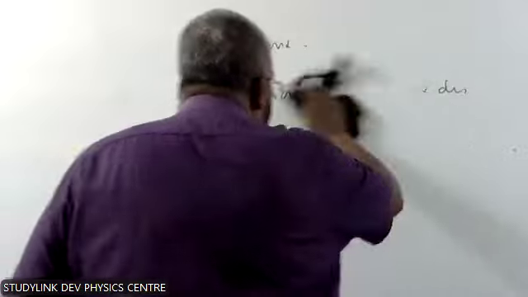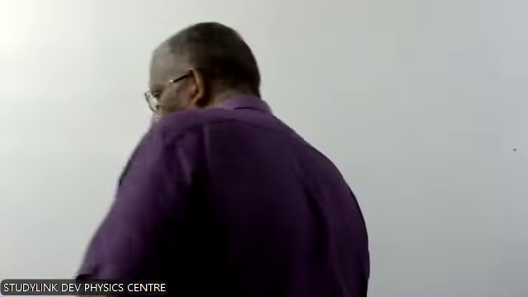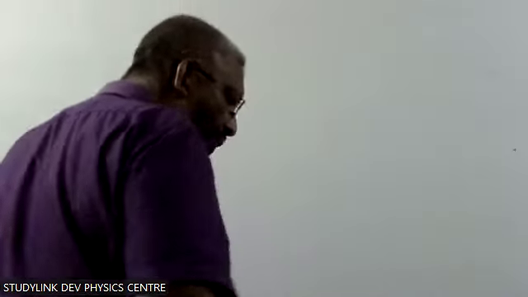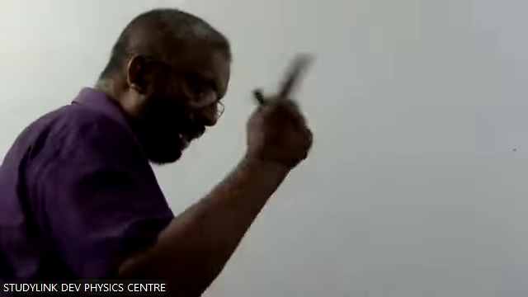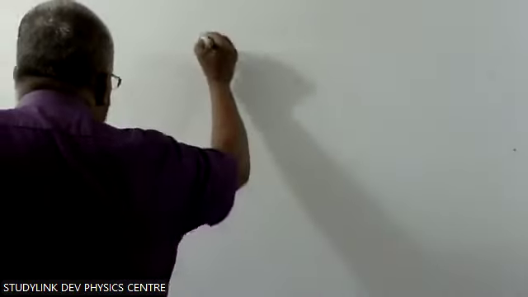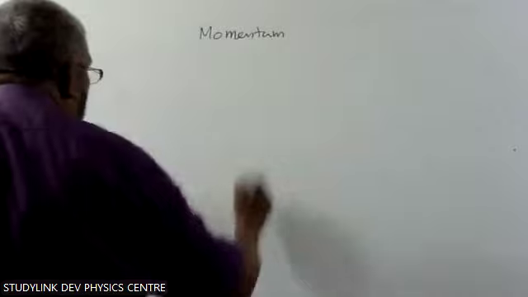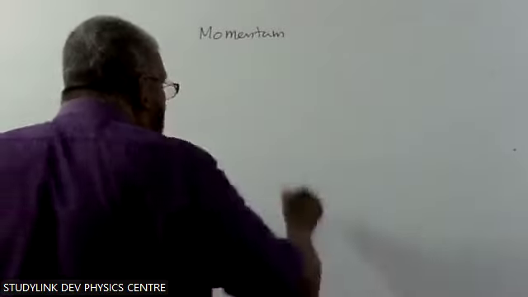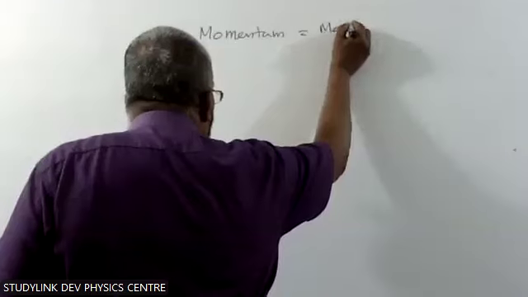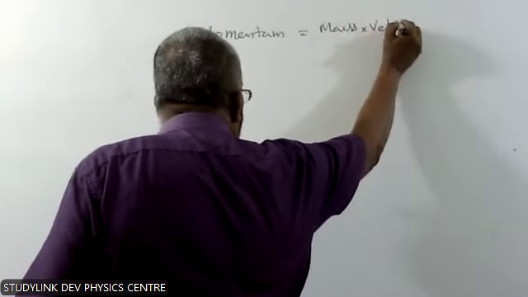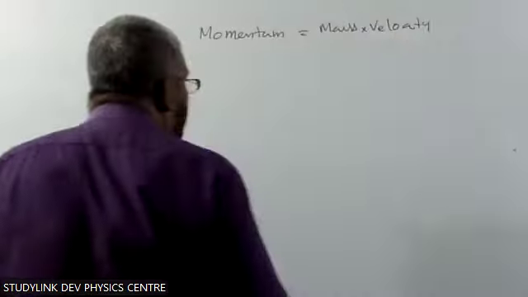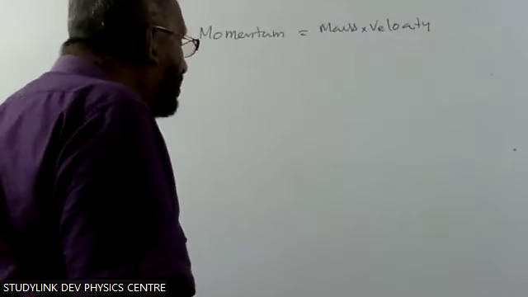Next one, there are some other quantities we are using in future sections, mechanics, and at that time we will explain. But another one I'll tell you, that is momentum. Momentum means mass into velocity.